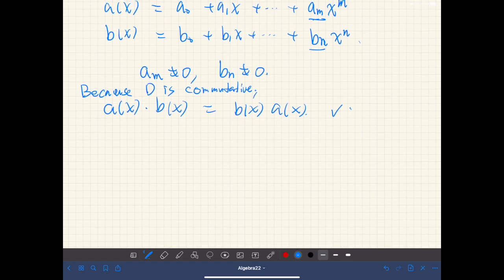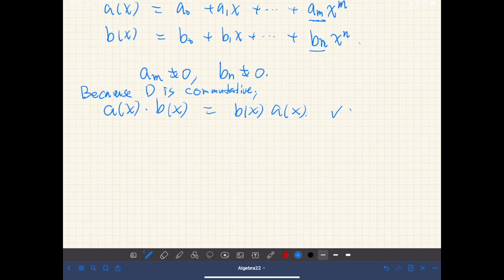If you want to see in detail, for example, ak x to the power of k times bl x to the power of l.